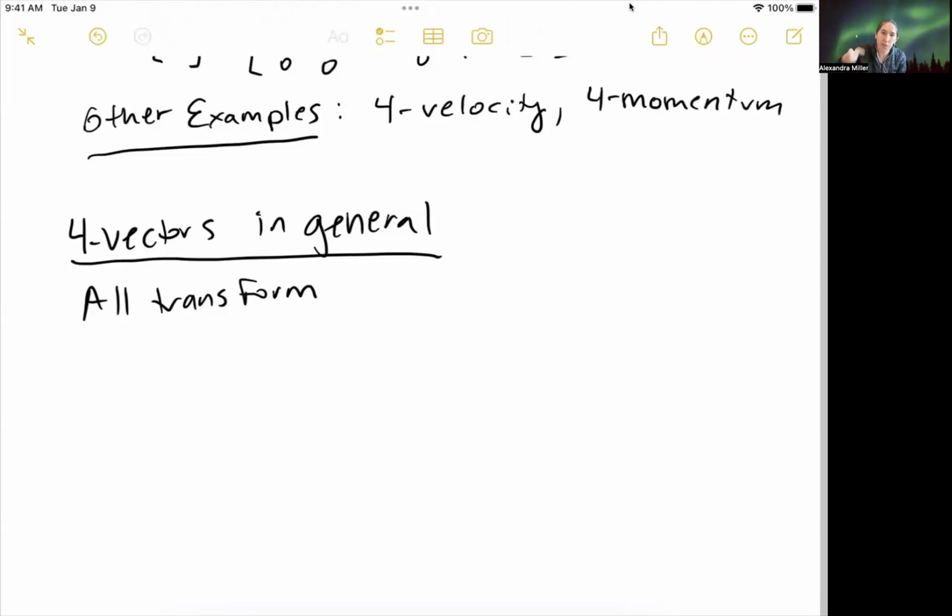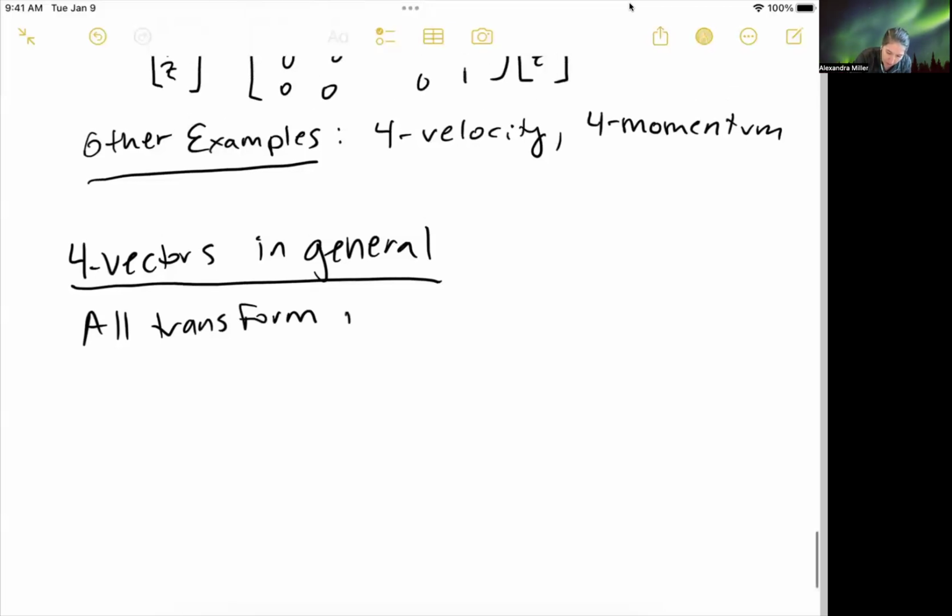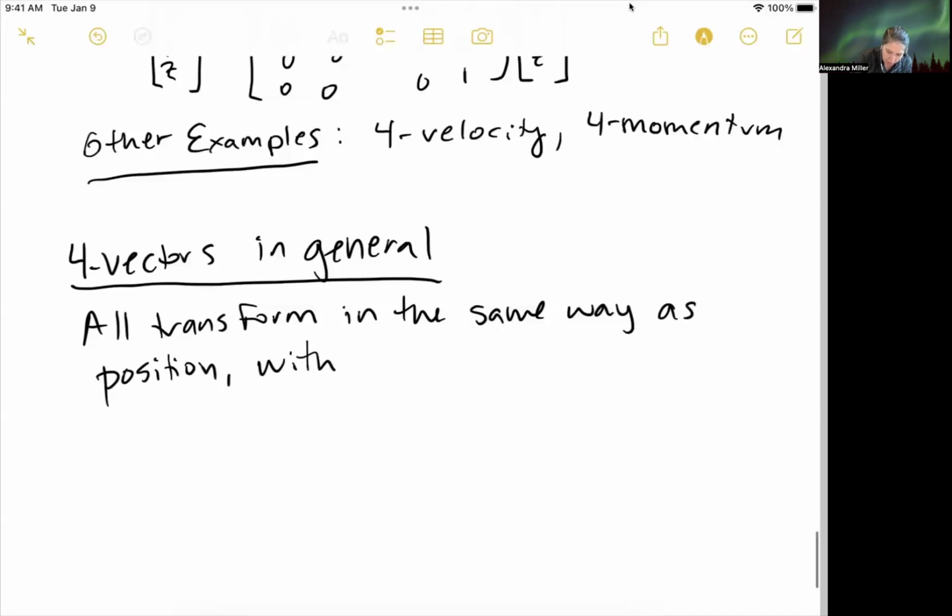And when I say transform, that's really what I'm talking about. So all 4-vectors are going to transform in the same way as position, which is to say with a Lorentz transformation matrix.